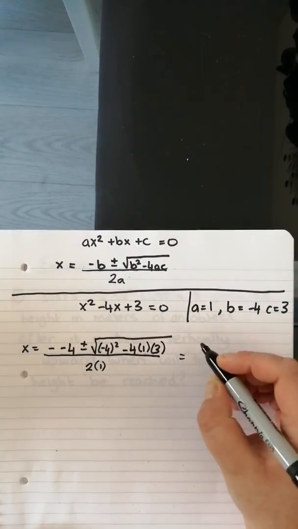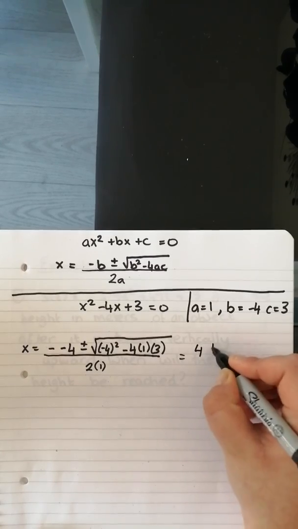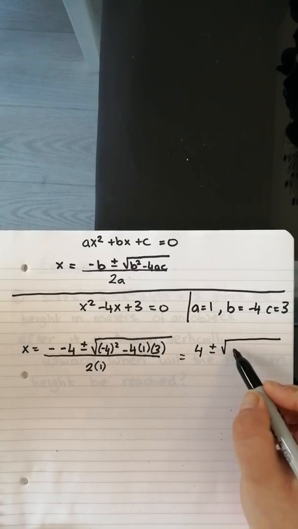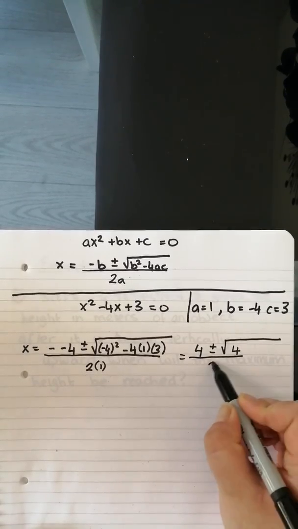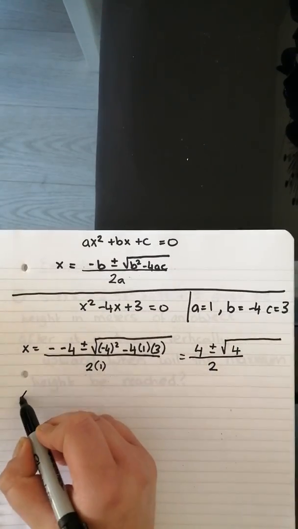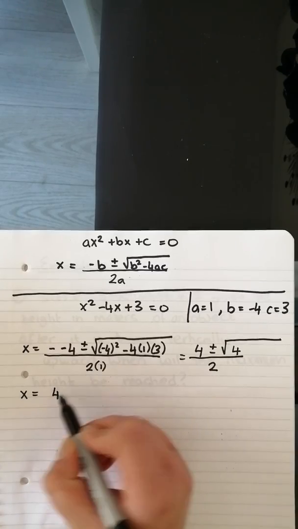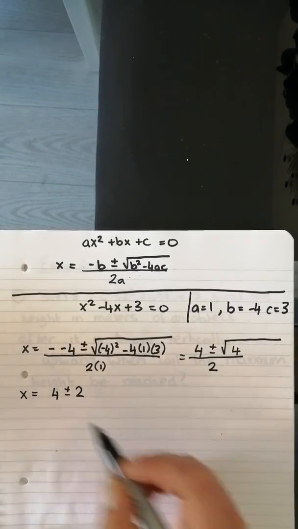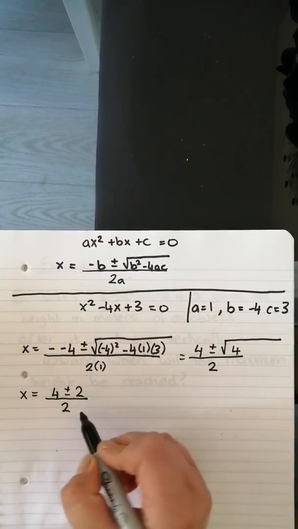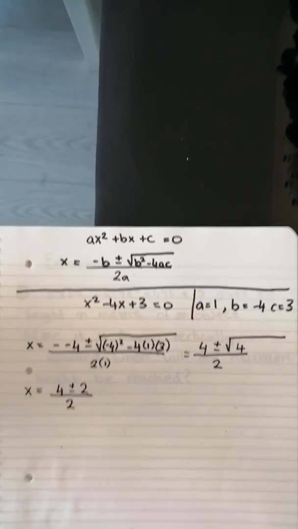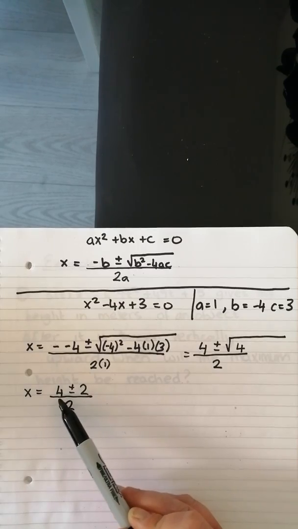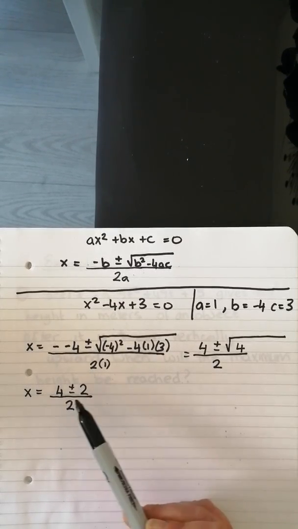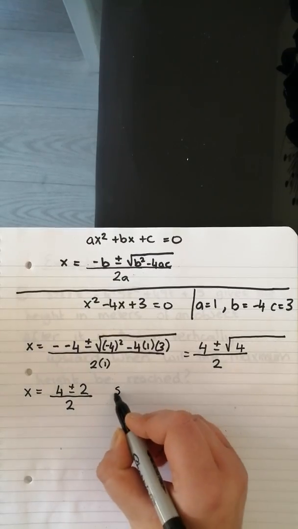And that will give you 4 plus or minus the square root of 16 minus 12, all over 2. So x is equal to 4 plus or minus 2, because the square root of 4 is 2, over 2. And now to get our two roots, we'll let one of them be 4 plus 2 over 2 and the other one be 4 minus 2 over 2.